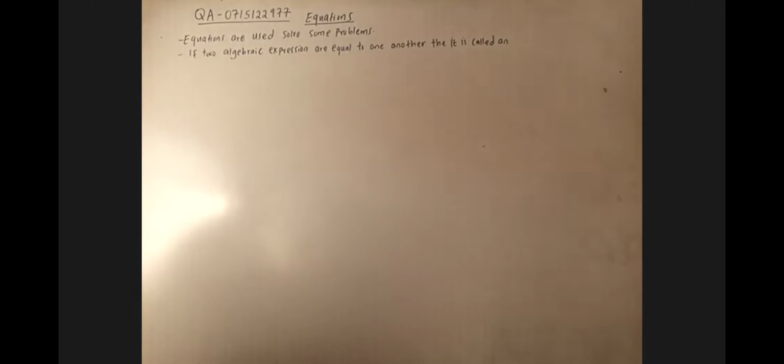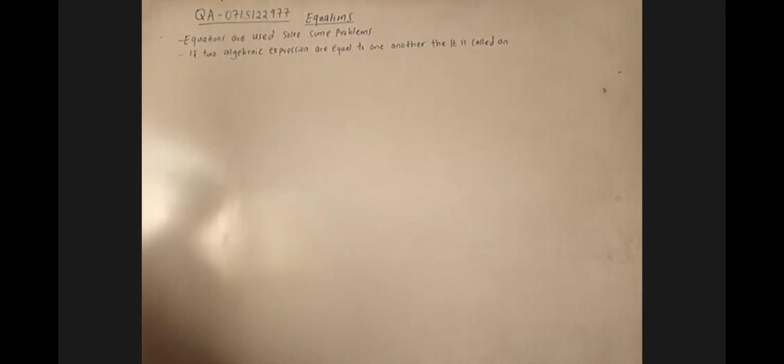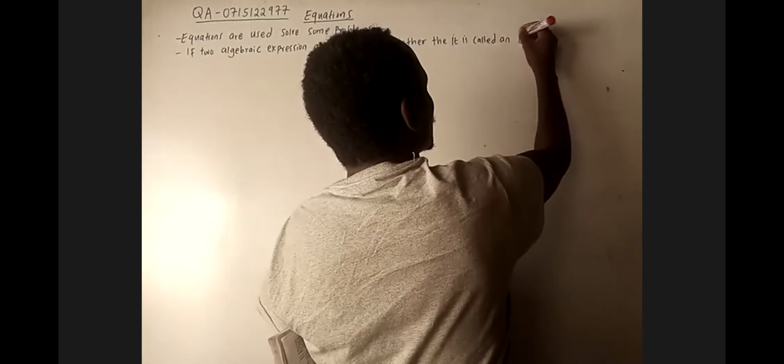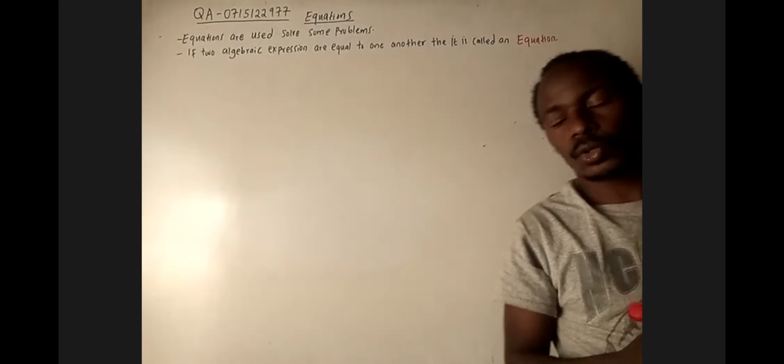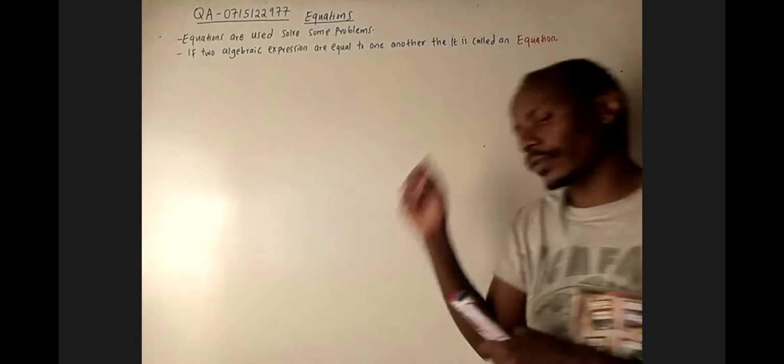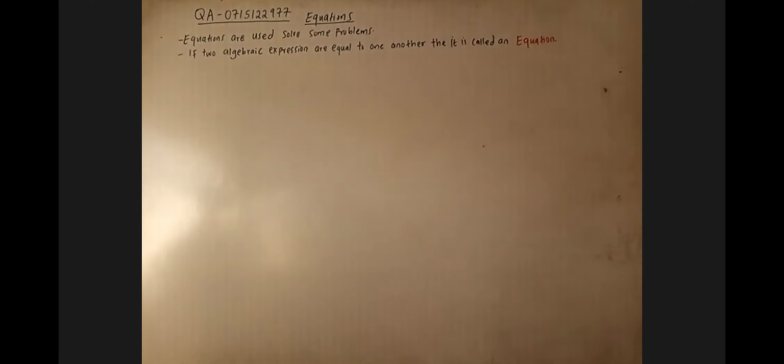So when two algebraic expressions are equal to one another, then it is called an equation. That's the meaning of the word equation. So in an exam, if you want to explain what an equation is, you say an equation refers to any two algebraic expressions which are equal to one another.